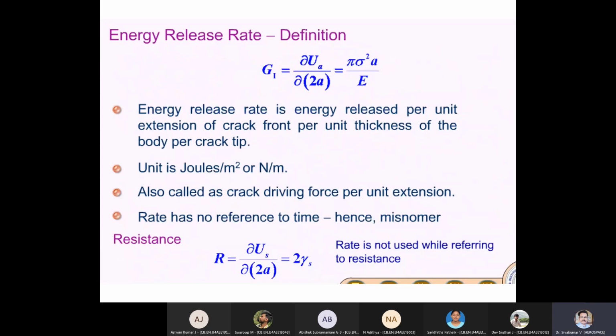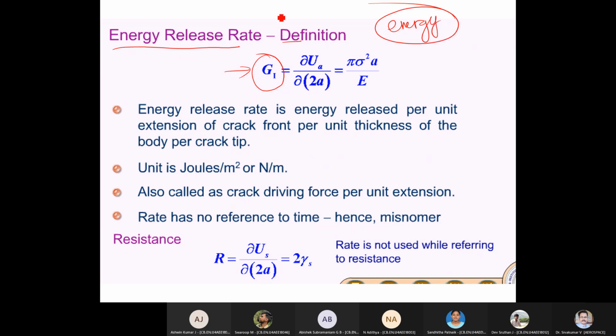Now, energy release rate. Finally, in the definition, what you have learned so far: G1 is the energy release rate. So far, we have seen only energy. Now the energy release rate. Release rate means something per something. What does energy release rate mean?